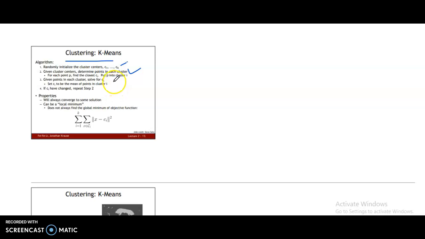Given points in each cluster, solve for the centers: set Ci to be the mean of points in cluster i. If Ci have changed, repeat step 2. Properties: it will always converge to some solution, which can be a local minimum, and does not always find the global minimum of the objective function, the summation over i equals 1 to k.